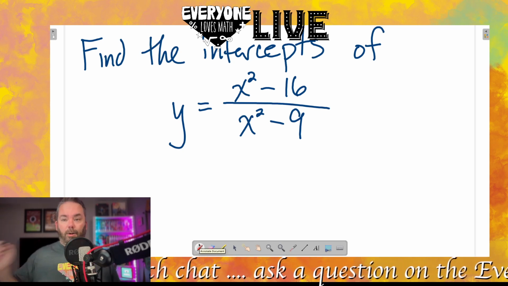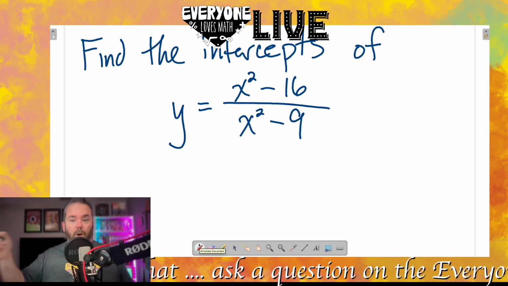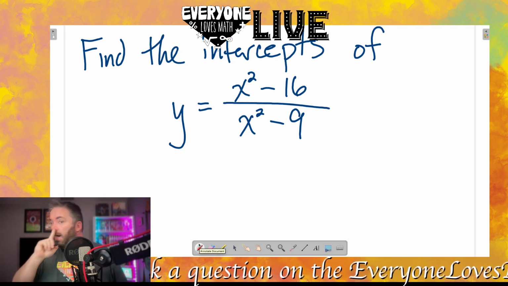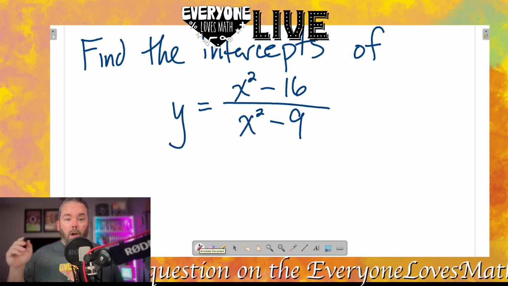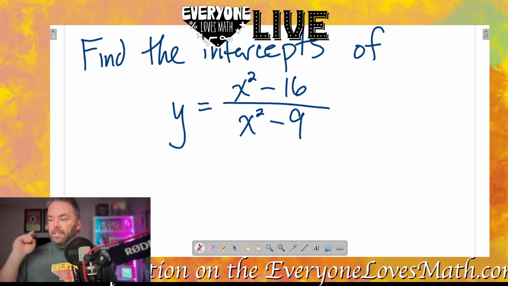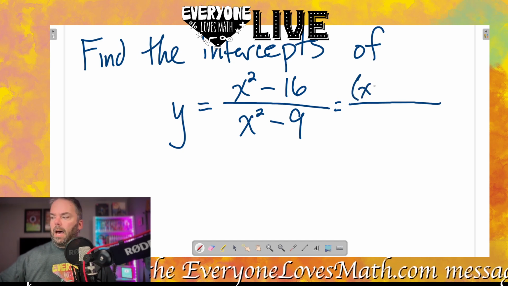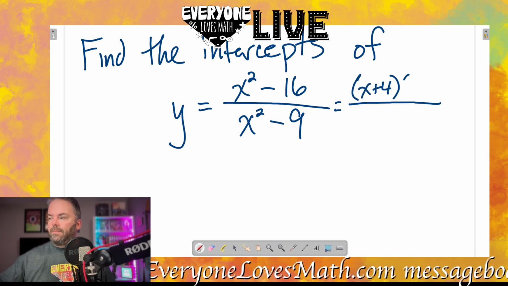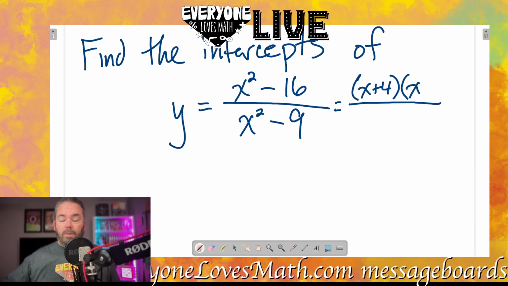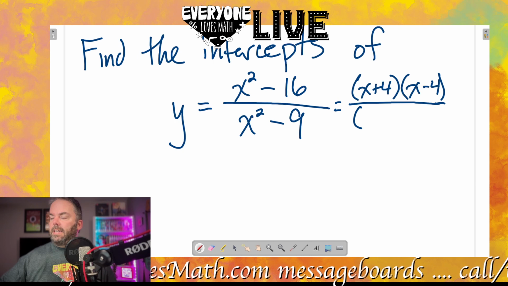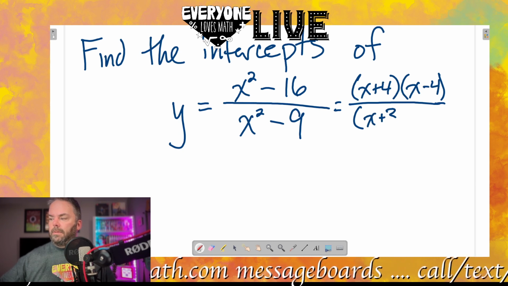The numerator and denominator are both differences of two squares, and you got to be like a hawk when you see, ooh, that's a perfect square minus a perfect square. Even if I don't need this for the rest of the problem, I'm going to just factor it so I have that information. Because x squared minus 16 is (x plus 4)(x minus 4), and x squared minus 9 is (x plus 3)(x minus 3).